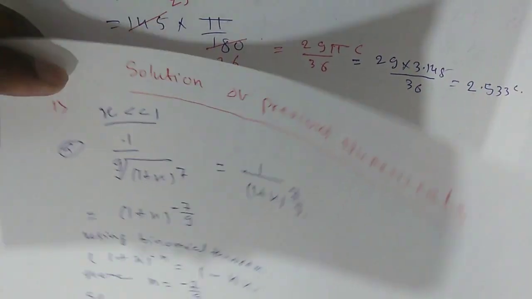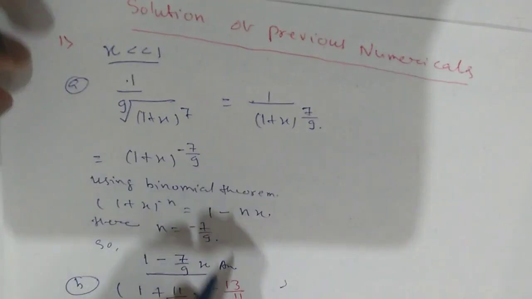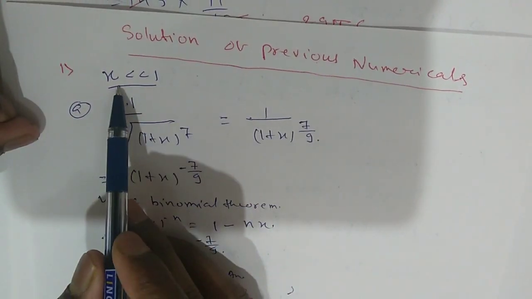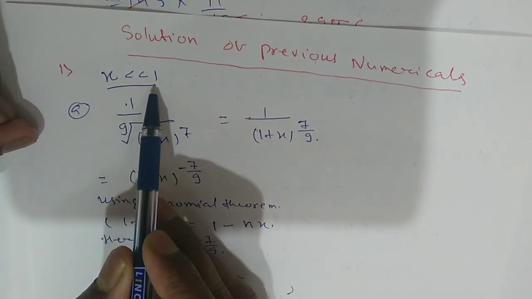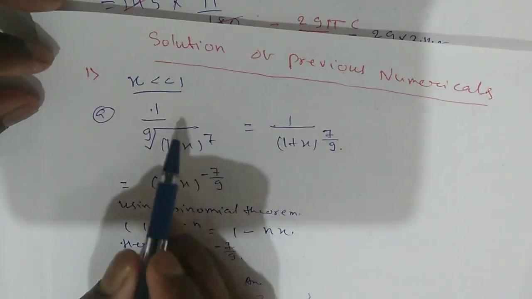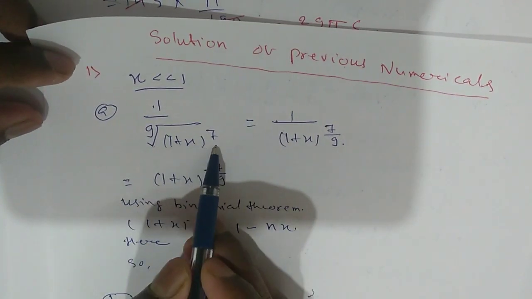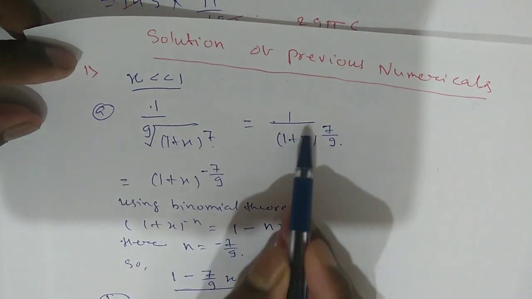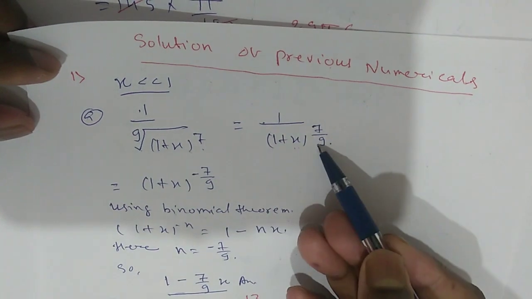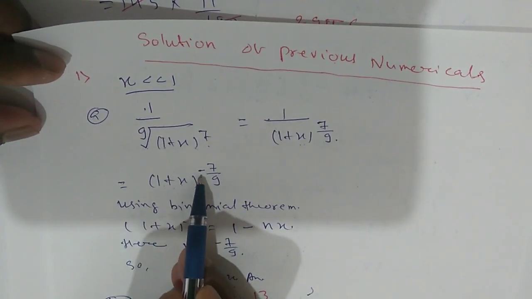Next one is the solution of the previous part, that is, the first one is on the binomial theorem, where x is given much less than 1. Now putting the first question's answer, that is 1 upon 9th root of 1 plus x raised to the power 7, we write 1 upon 1 plus x raised to the power 7 upon 9, or taking it to the upper side, 1 plus x raised to the power minus 7 upon 9.